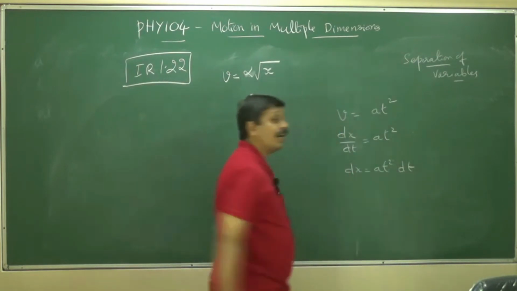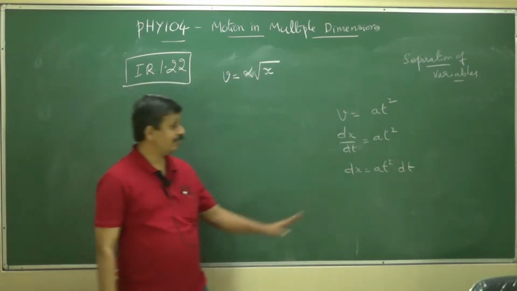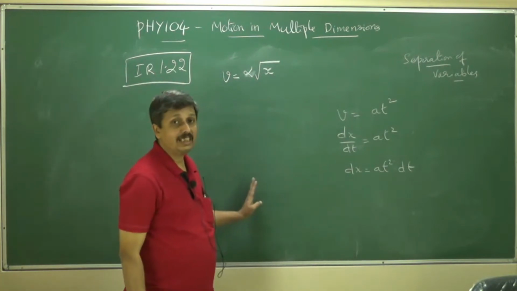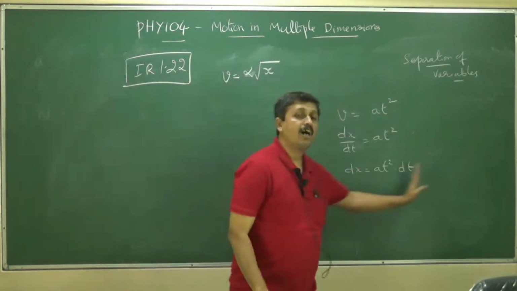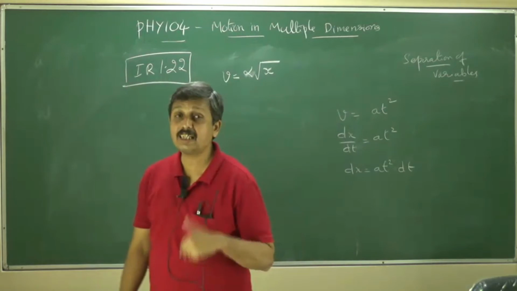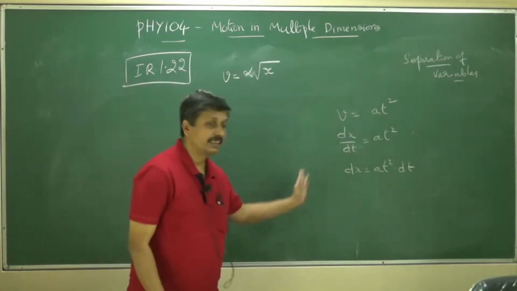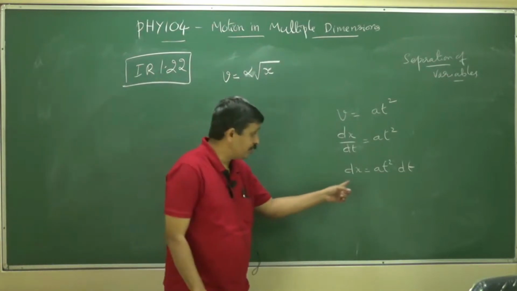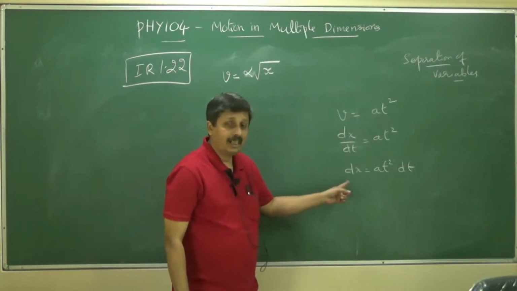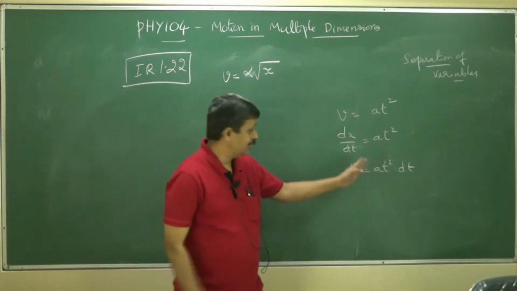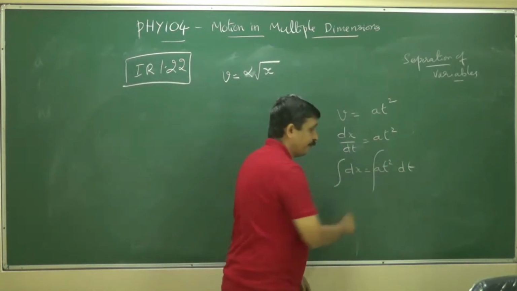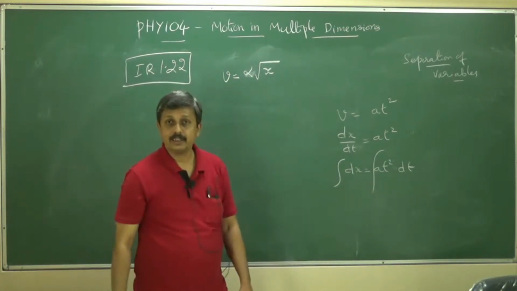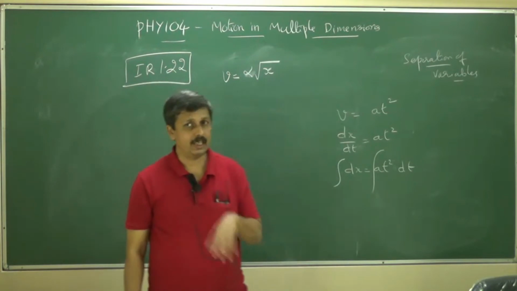What we achieved was, on our left side we got only x's, and on our right side only t's. No x on the right side and no t on the left side. On one side we integrate with respect to x, and on the other side we integrate with respect to t. That is how we used to do till now.